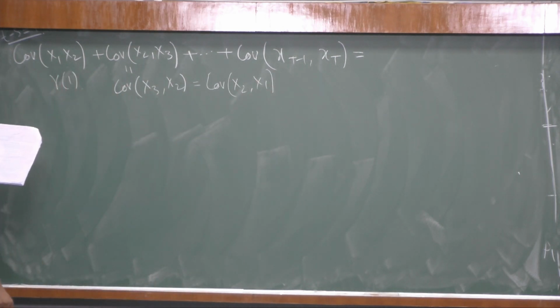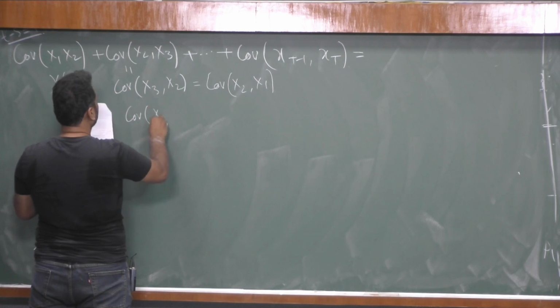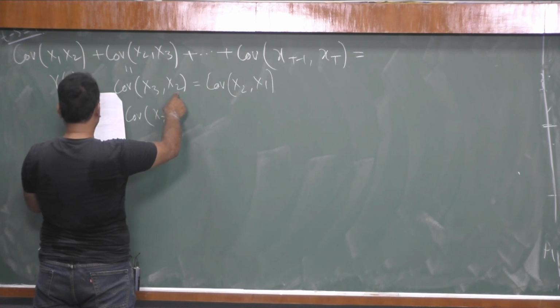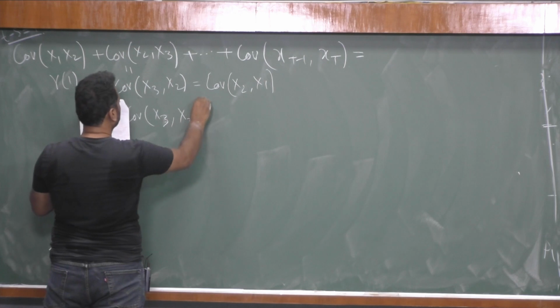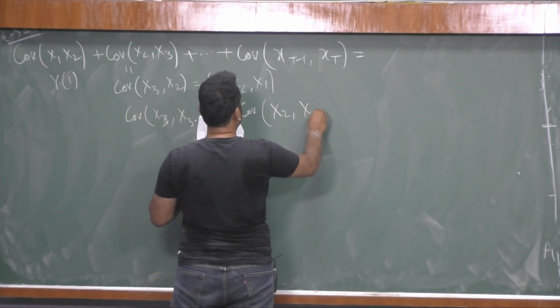This is because the k I can pick is 1, right? So I can write this as the covariance of x3 minus 1 and x2 minus 1.